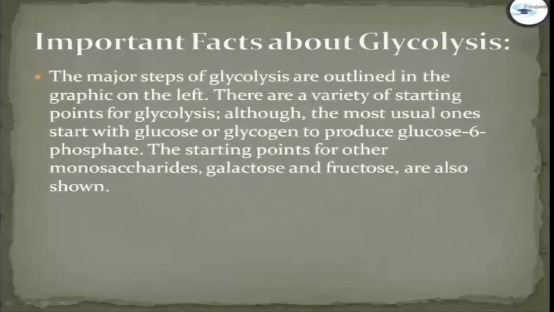We also have important facts about glycolysis, in which the major steps of glycolysis are outlined. There are a variety of starting points for glycolysis, and the most usual ones start with glucose or glycogen to produce glucose phosphate. The other starting points are the monosaccharides, galactose and fructose.